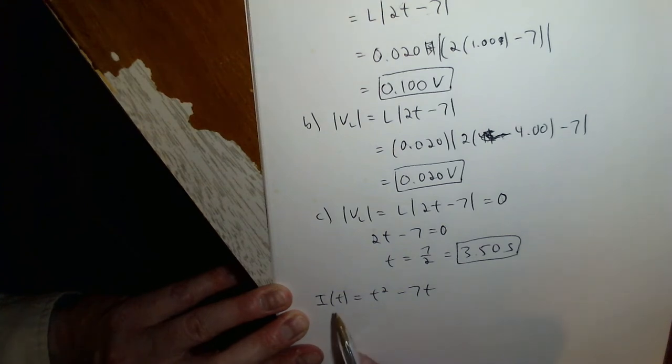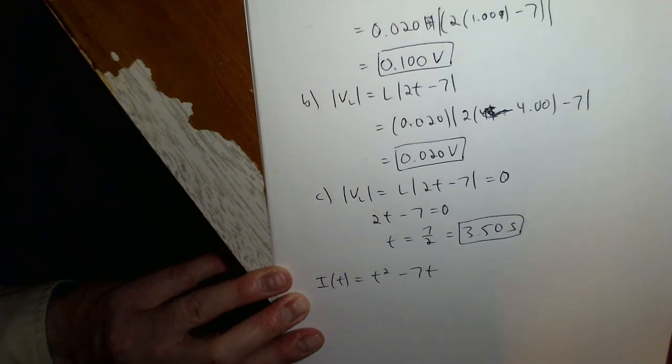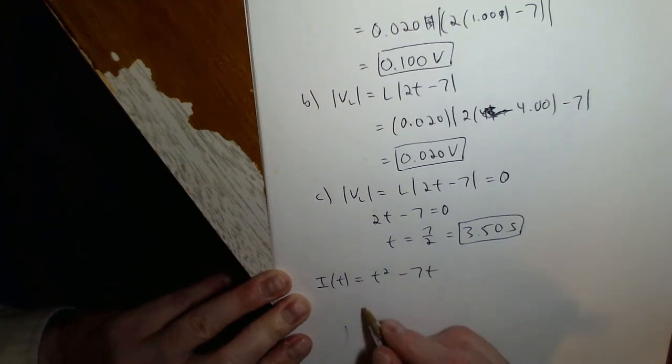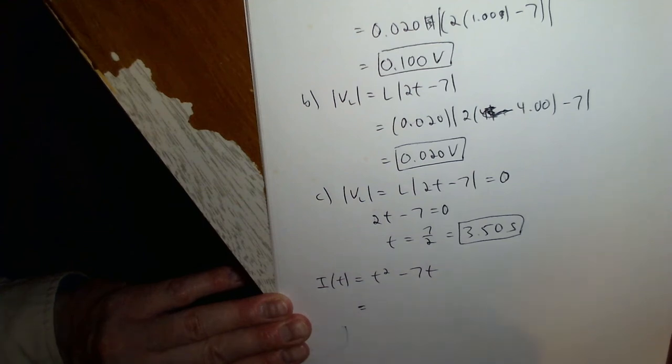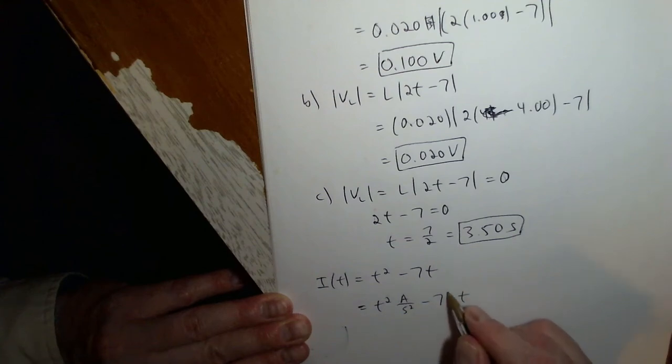Because a current is in amps. So if we wanted to show all our units in fine detail, we would write not just t squared, but t squared with units of amps per second squared, minus 7t. The 7 would have units of amps per second.